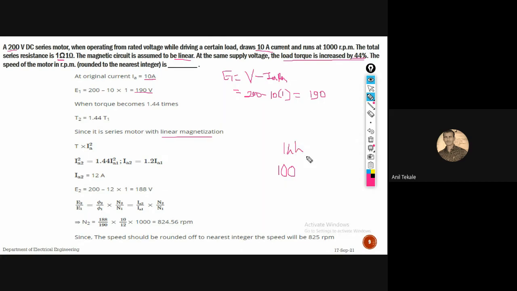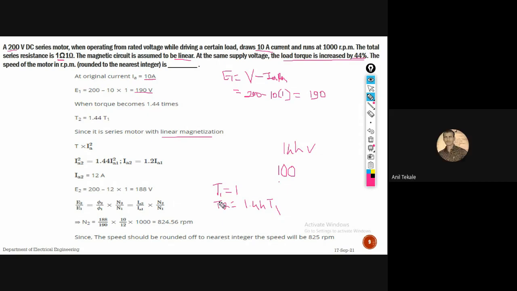If the torque is initially 100, then after increasing by 44% at the same supply voltage, 100 plus 44 makes the torque 144. Now if T1 is the first torque, then T2 is nothing but 1.44 T1. Am I right?